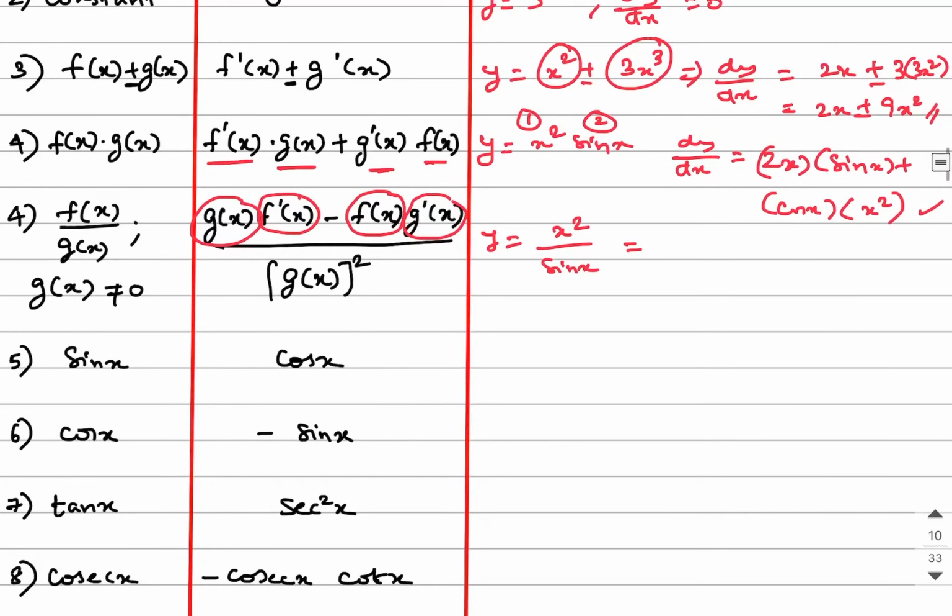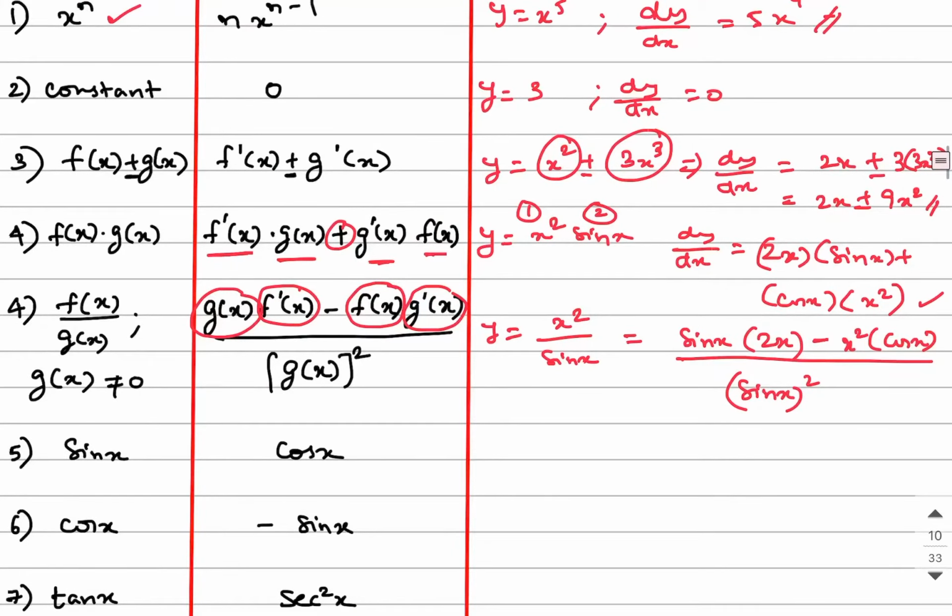It is like this: denominator into derivative of numerator, that is 2x, minus, so remember here you will have a plus, here you will have a minus, minus numerator into derivative of denominator, that is cos x, whole divided by denominator square, that is sin x square. Okay, so these are all the examples for the first 4 cases. I'm sorry, I changed the numbers.